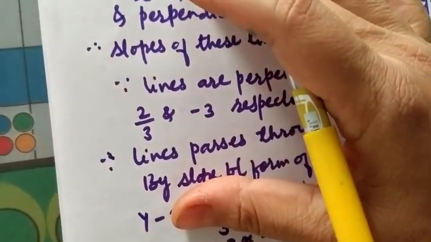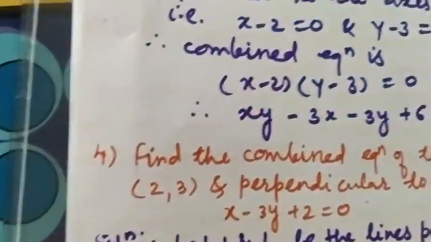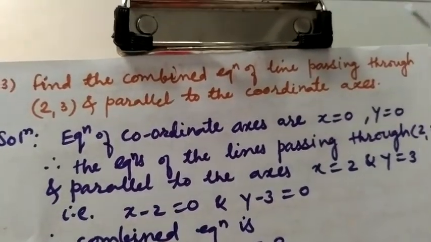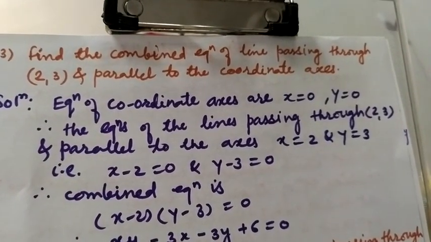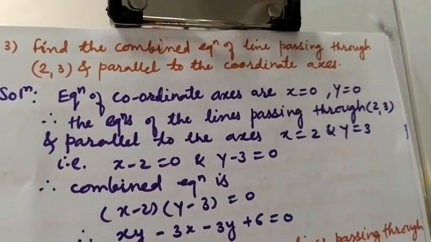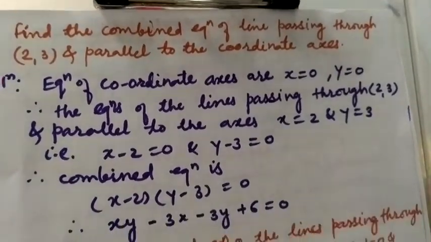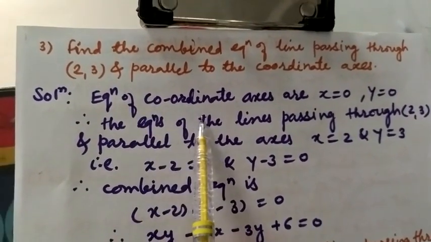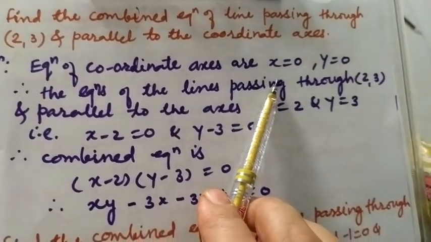Another example we want to see now, of finding the combined equation. Find the combined equation of lines passing through (2, 3) and parallel to the coordinate axes. Now, the equations of the coordinate axes you know: x is equal to 0 and y is equal to 0.